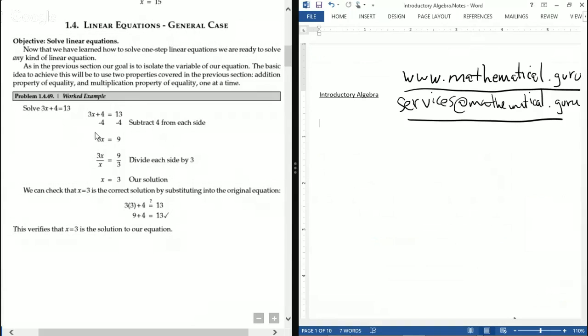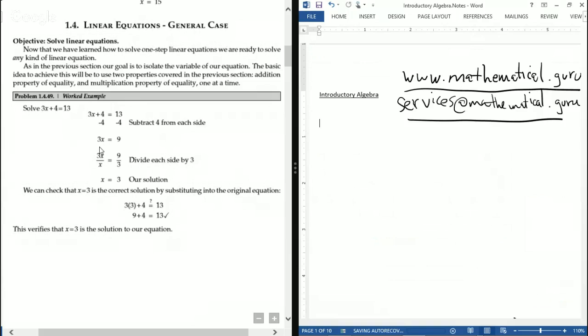So the first thing we do is subtract 4 from both sides. Okay, maintain equality. This relationship is equal to this relationship, and if I subtract from the left side, I can also subtract from the right side and maintain equality. And so surely 3x is equal to 9.